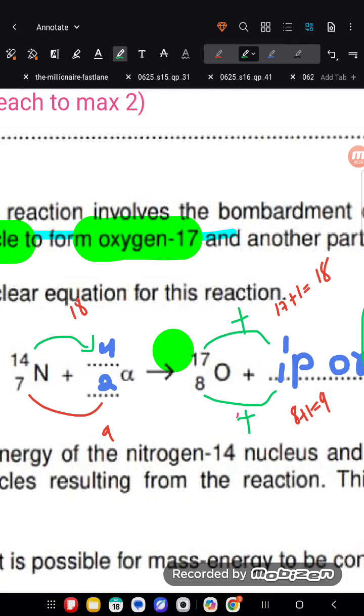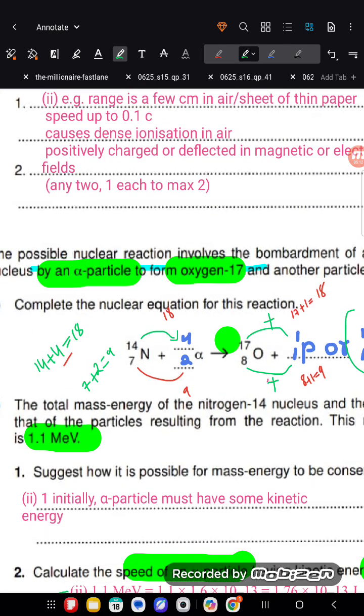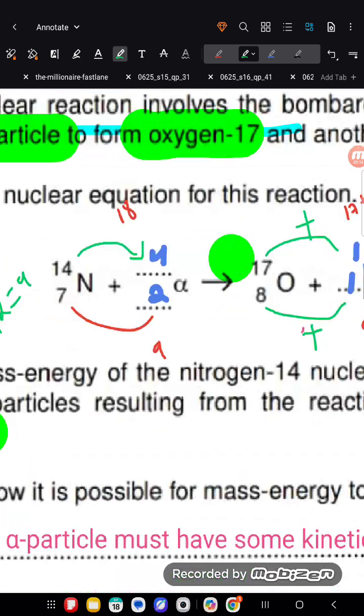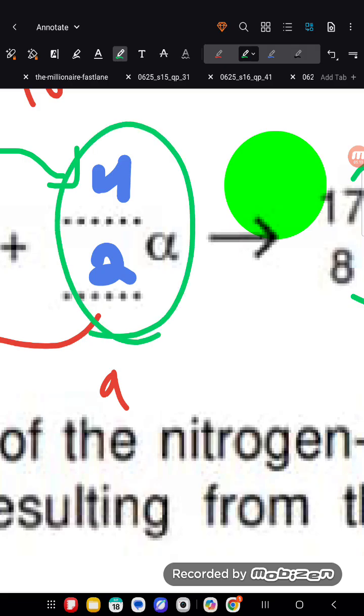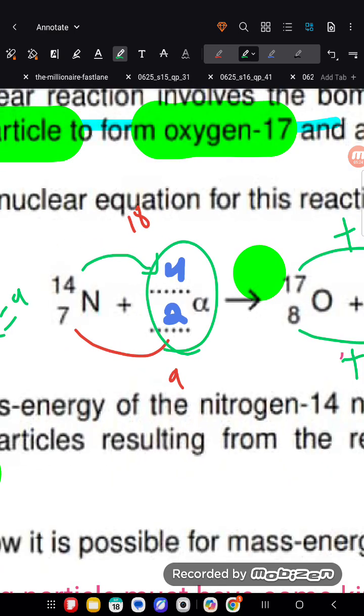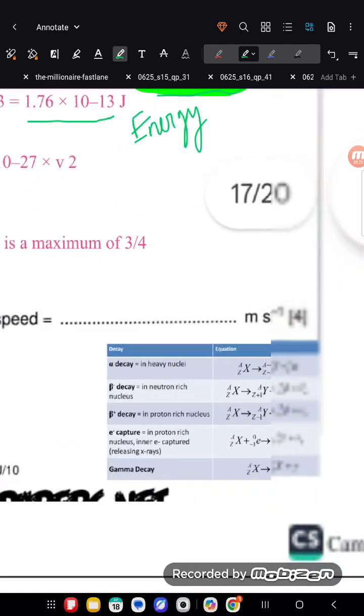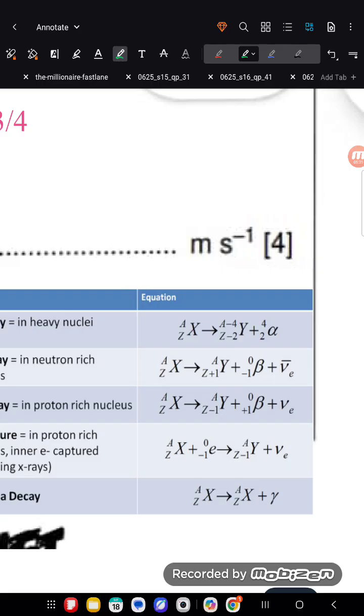Okay, and this is 8 and this will be 1, right? Okay, again I'm repeating, for alpha decay you cannot change this, you have to write, because in alpha there will be 4 nucleon and 2 proton, right? So see here, there is 4 and 2, you cannot change that.